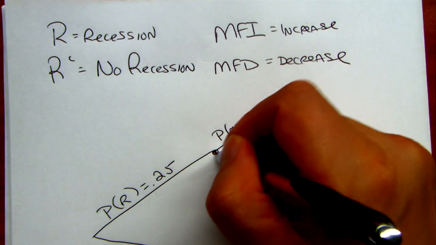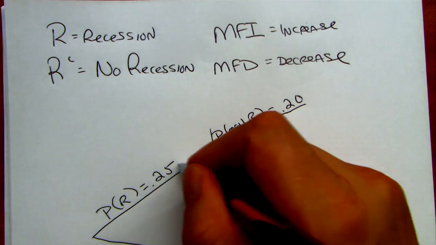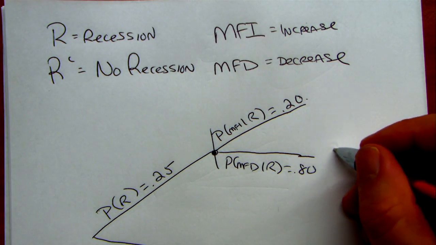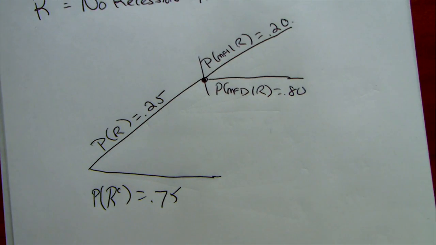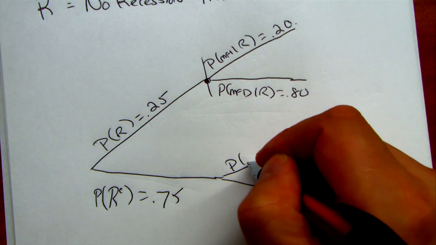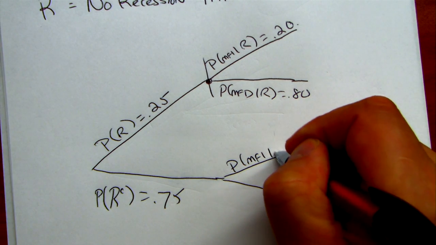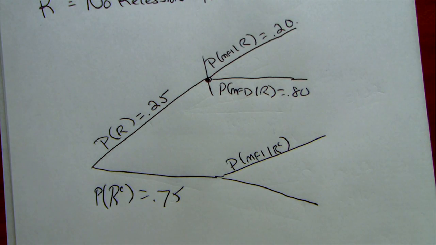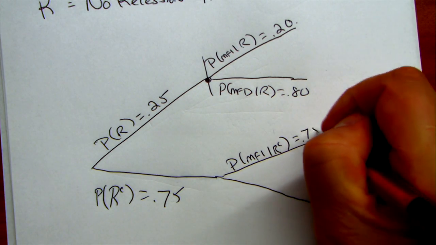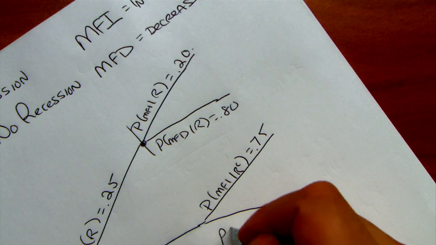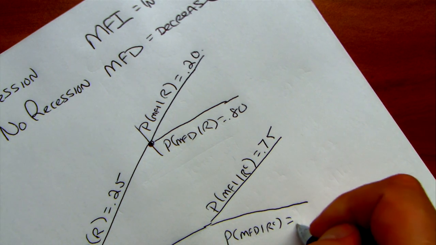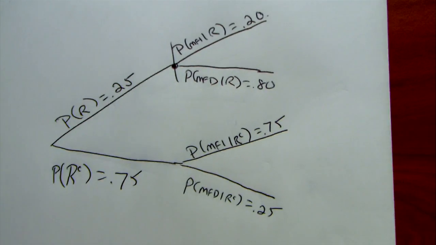Okay, so at this point we're given a recession, probability of an increase is 20%, probability of a decrease is 80%. If there is no recession, perhaps that's a rosier picture, the probability that a mutual fund increases is very much better, 75%. The probability that it decreases then is 25%.